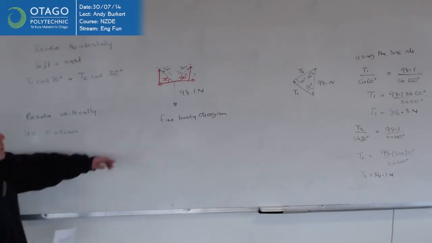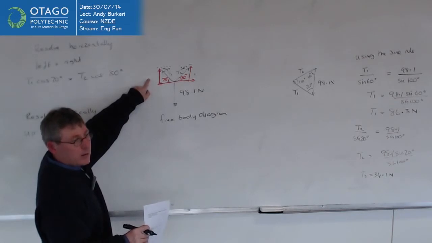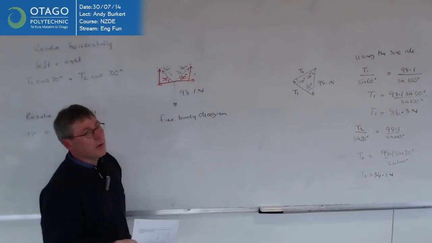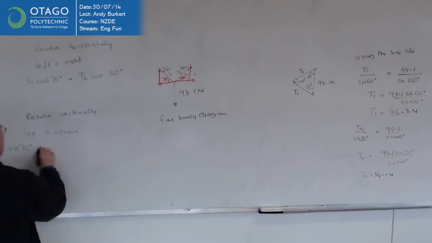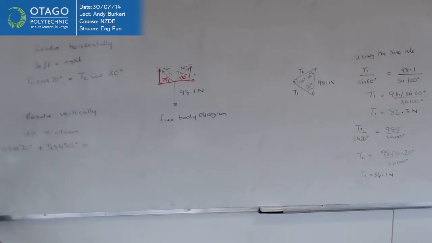We've got the vertical component of T1 and the vertical component of T2 acting up. So that we can say T1 sine 70 degrees plus T2 sine 30 degrees equals the vertical force down, which is 98.1.